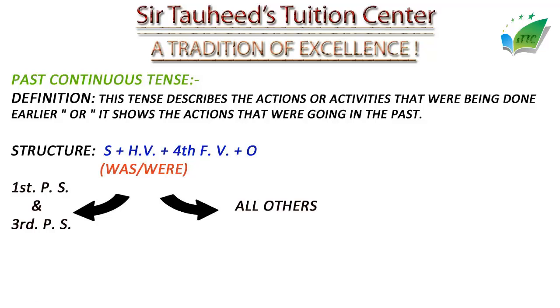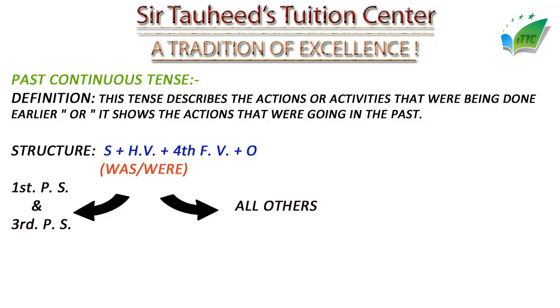Now let's have a look at its structure. Its structure is, in the first place we use the subject, in the second place we use a helping verb. Here the helping verbs are was or were. Sometimes we use was and sometimes we use were.